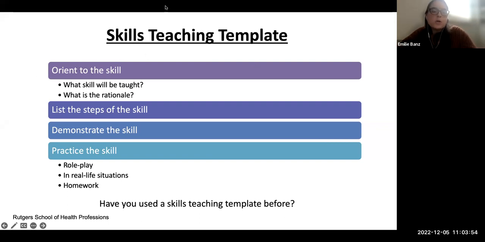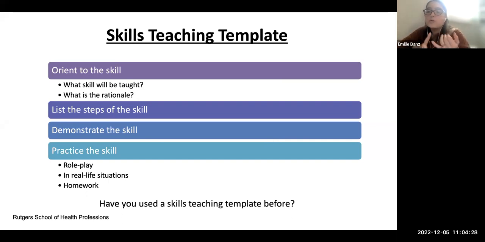So maybe for an individual who is exhibiting some behaviors around hoarding items, or somebody who maybe is just accumulating a lot of items. What you can do in those situations is really focus on this orientation to the skill and really talk about the rationale. And that's where you can come in and use some of those motivational interviewing techniques we talked about earlier, like using the decisional balance, right?